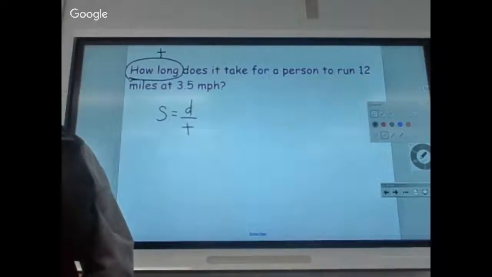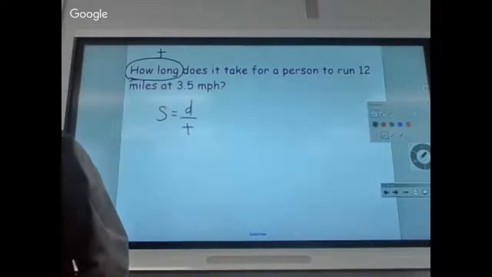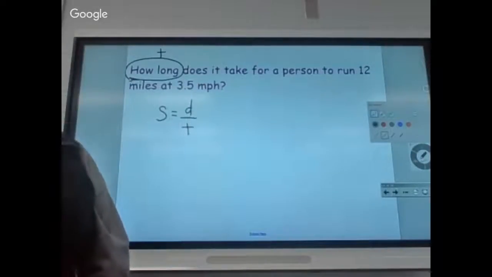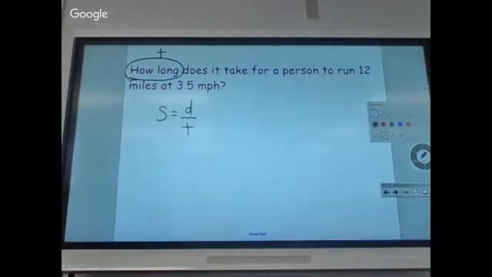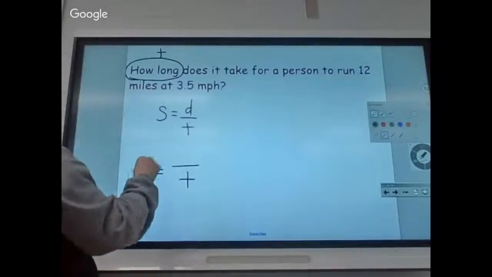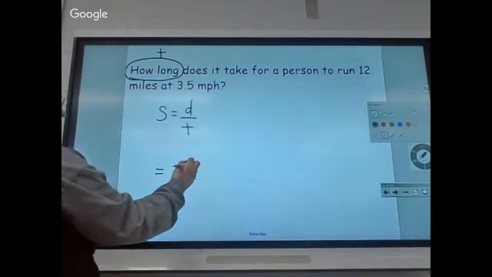There are very few formulas in here that have 4 variables, and we have to find 3 numbers and find the 4th. Almost every single one of these is 3 variables. You know 2 numbers, you solve for the 3rd. So they're all the same kind of formula. So when you look at this, how long is time? We got to have speed, distance, and we can find t.